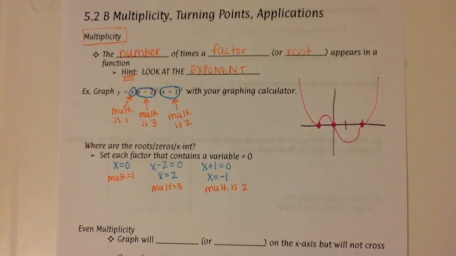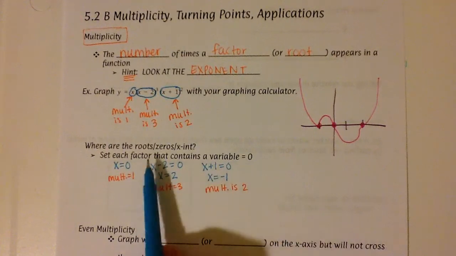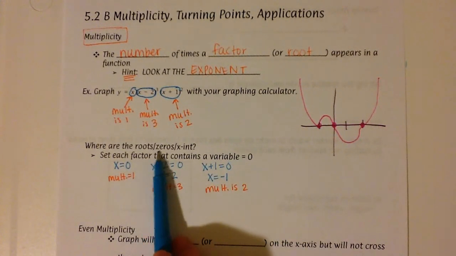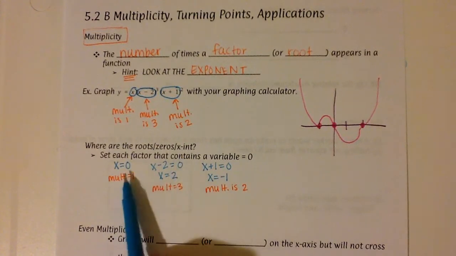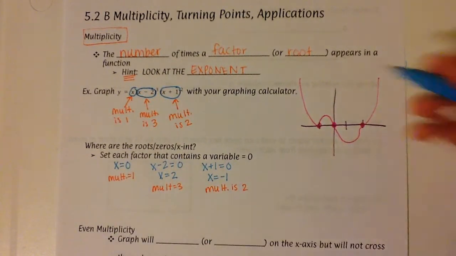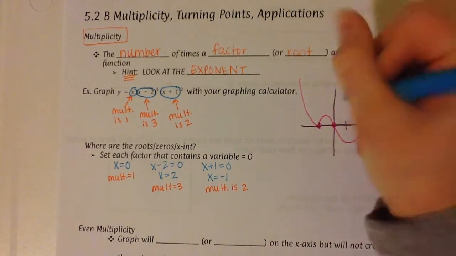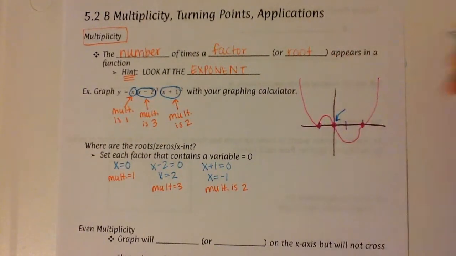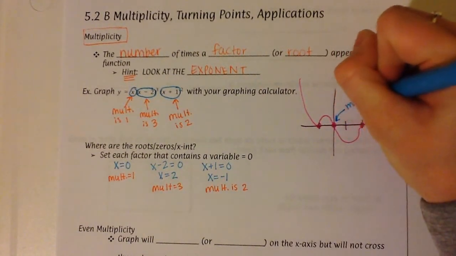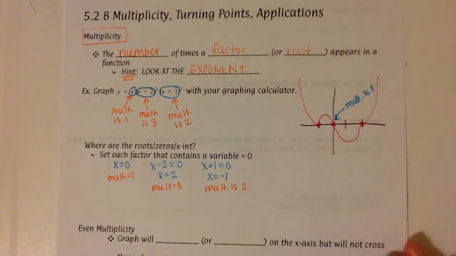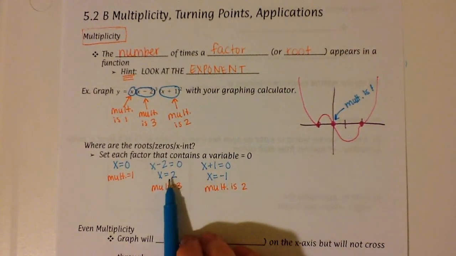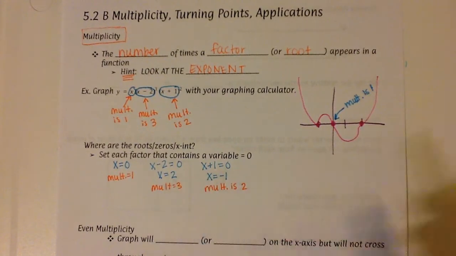So if we go over here, on our graph, we can see that we're going to have a root or a 0, or where it crosses the x-axis, the x-intercept, at 0. So here's our one at 0. So that point right there has a multiplicity of 1. Our next 0 is at x equals 2.